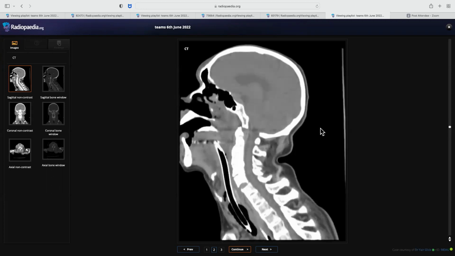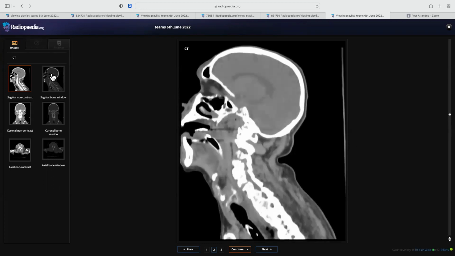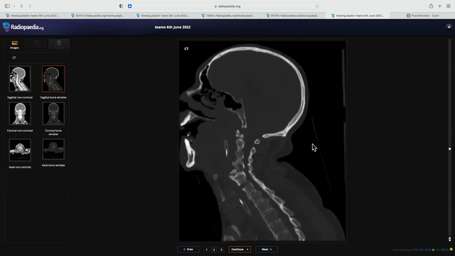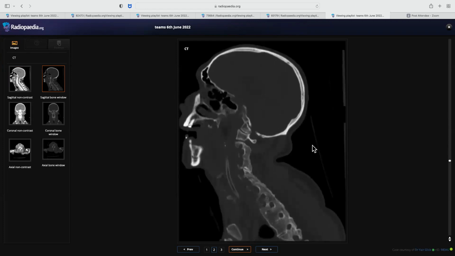So this is a bone window axial. Actually, this is the sagittal.